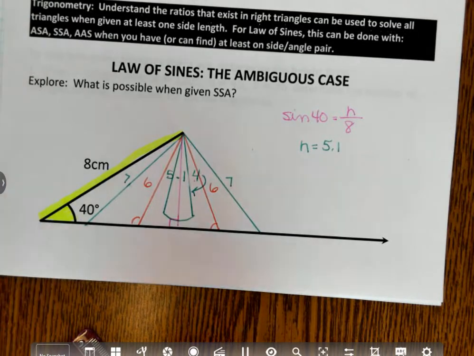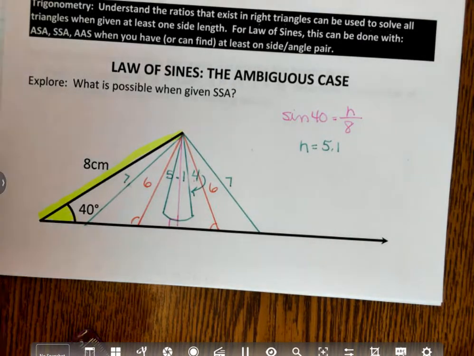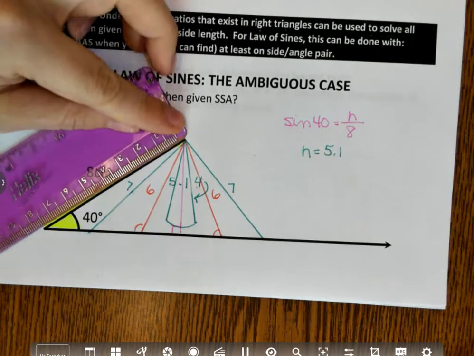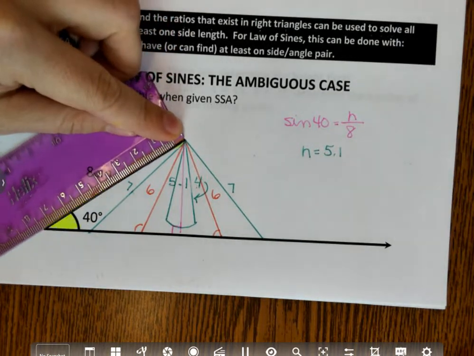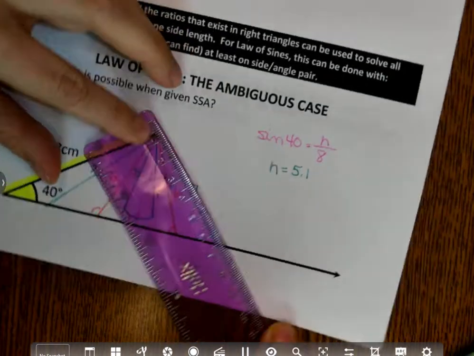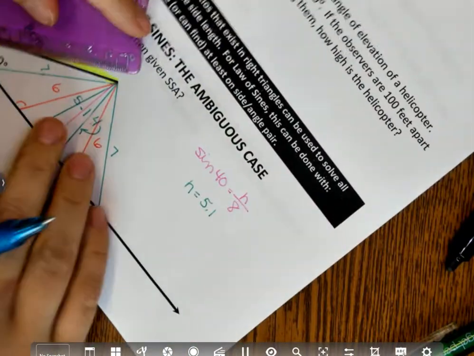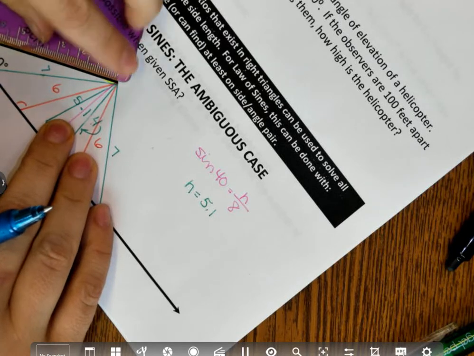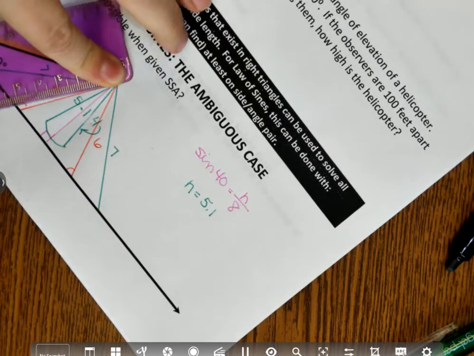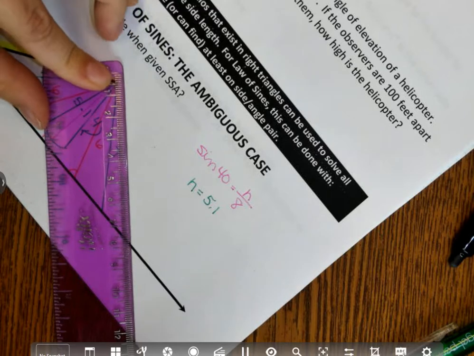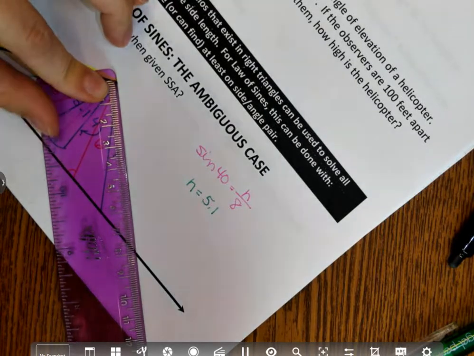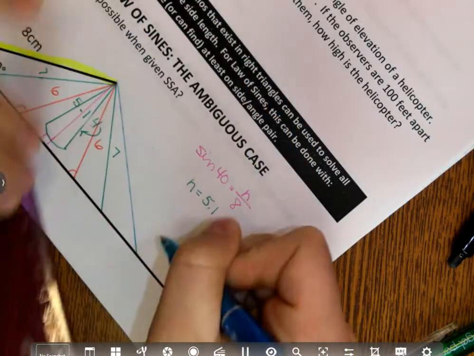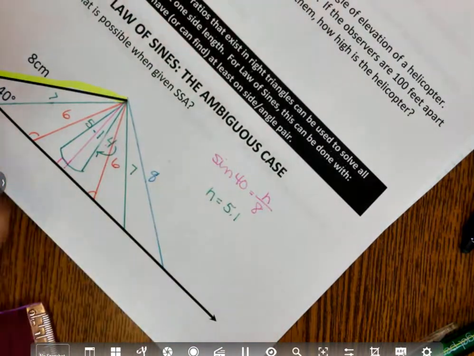If that opposite side was 8, how many triangles can I make if that opposite side is 8? Just 1, because can I make a triangle over here if it's 8? No, it'd be just on the same thing. So the only place that it can go if it's 8 is going to be if I take this length and now I move it over here. So with 8, I only have one choice.